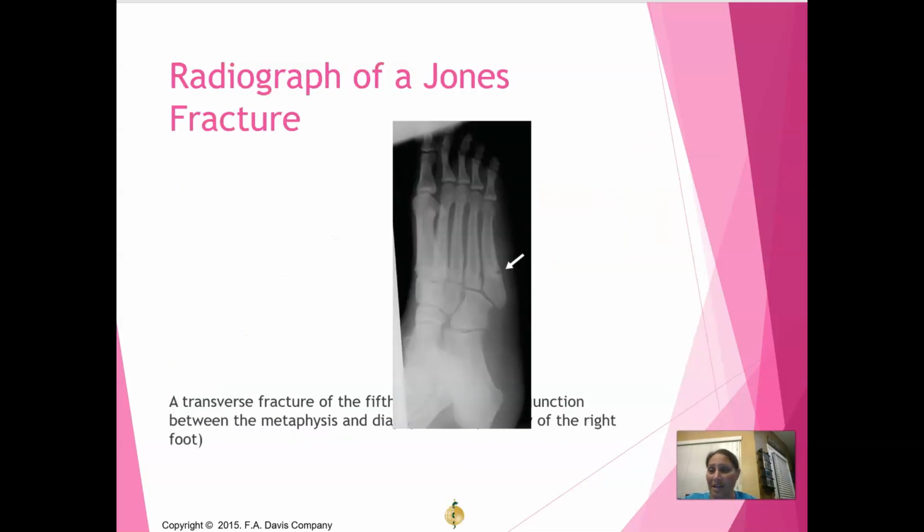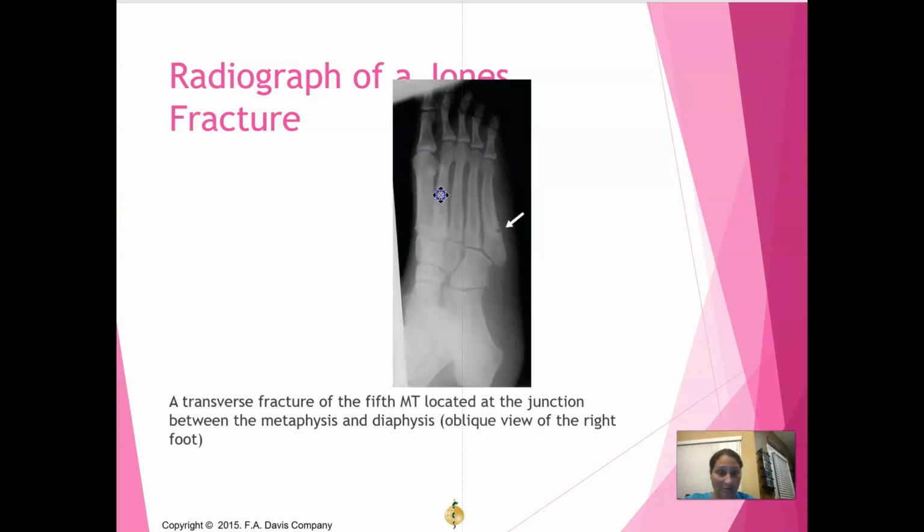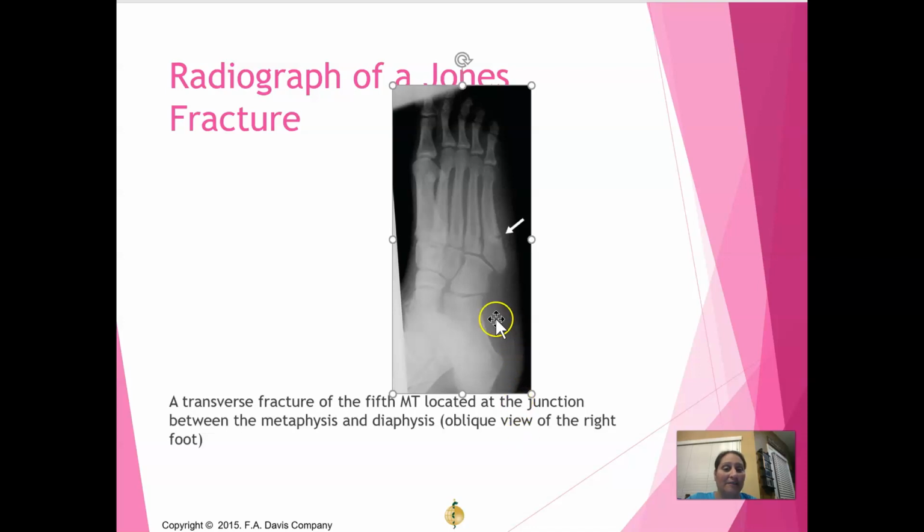This is an x-ray of a Jones fracture. I don't like that it's covering this up. Oh, wow. I can move it, sorry. But looking specifically at that, it's kind of black and white. I don't need to be a radiologist to be able to identify that. I don't pretend to be a radiologist.